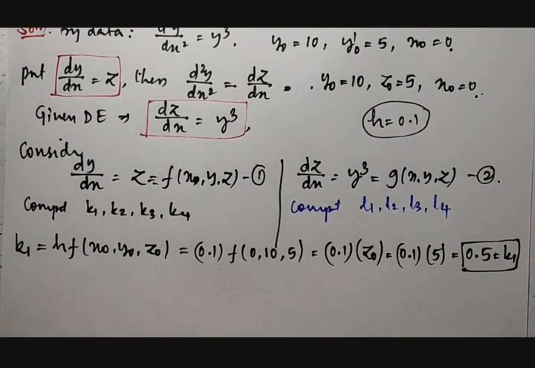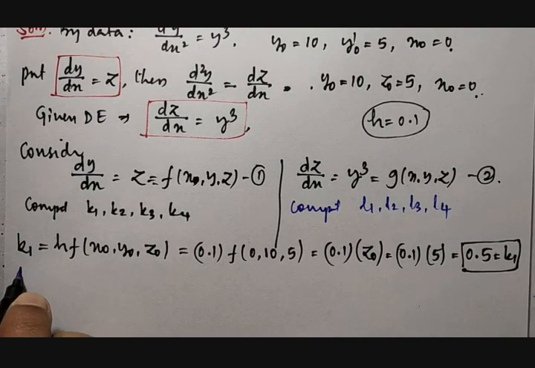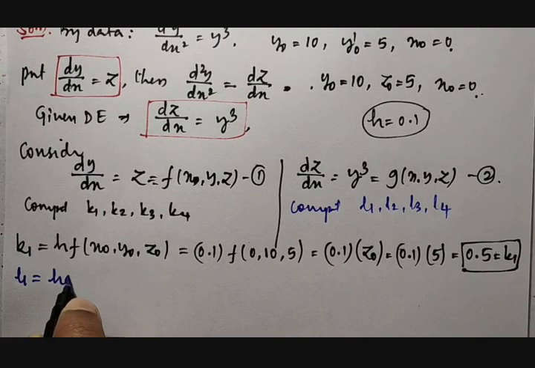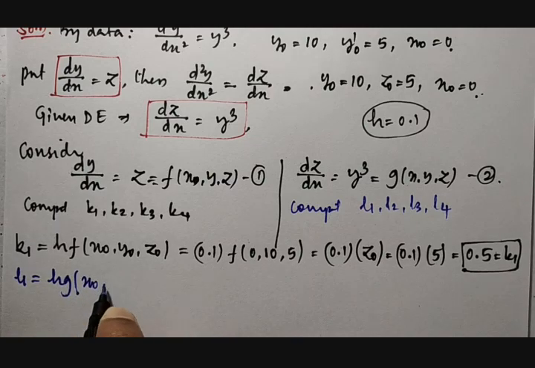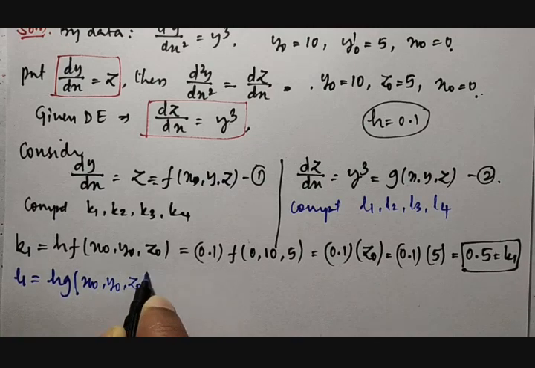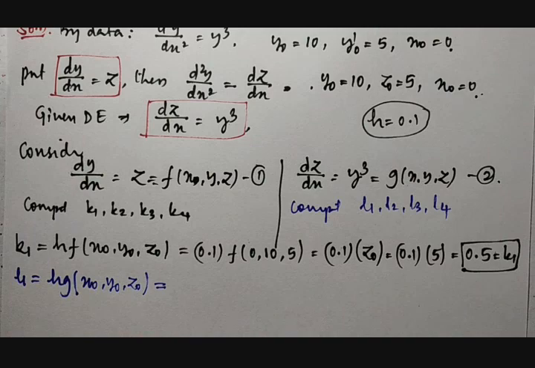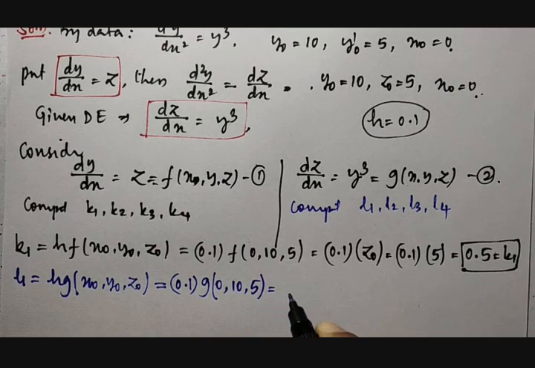Similarly, move to L1. How do you get L1 now? L1 is equal to h into g of x naught, y naught, z naught. So it is 0.1 into g of, what is x naught? 0, y naught 10, z naught 5.